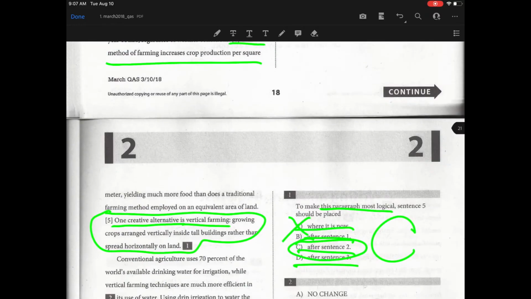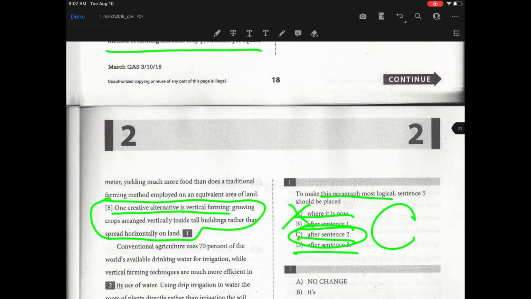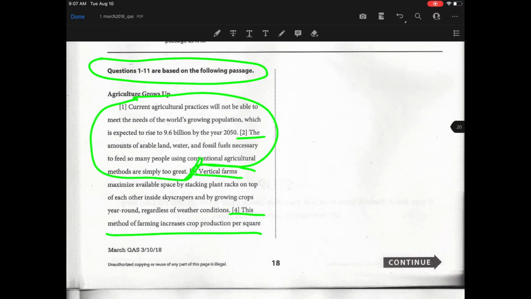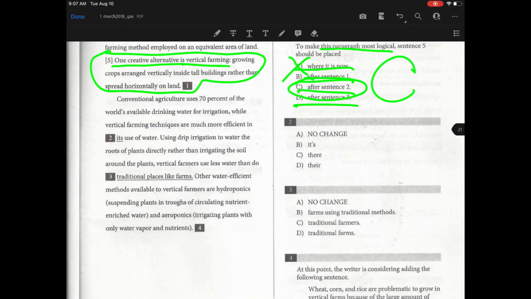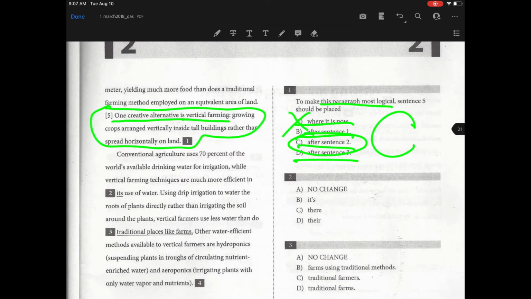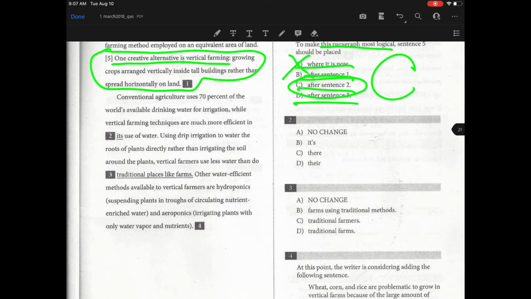And then goes one creative alternative is vertical farming, growing crops arranged vertically inside tall buildings rather than spread horizontally on land. And then goes sentence 3, vertical farms maximize available space, so they explain further why vertical farms are advantageous at this point. Great.